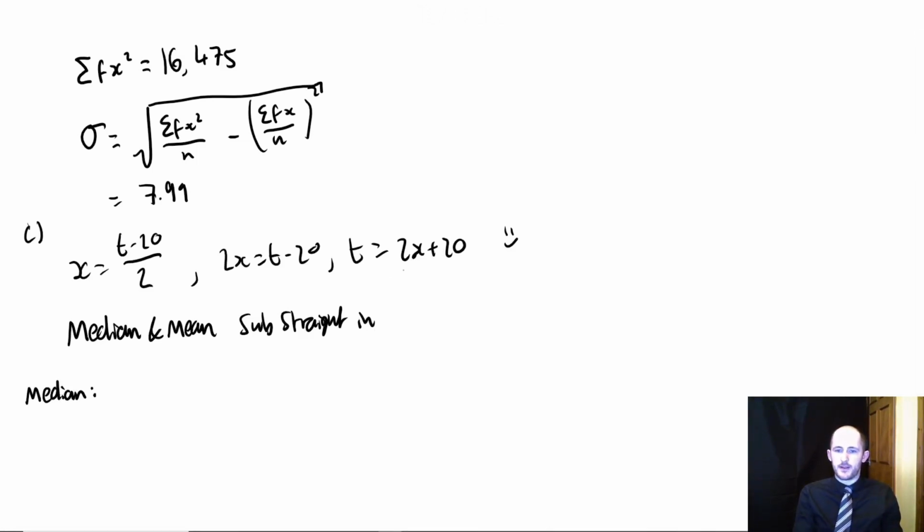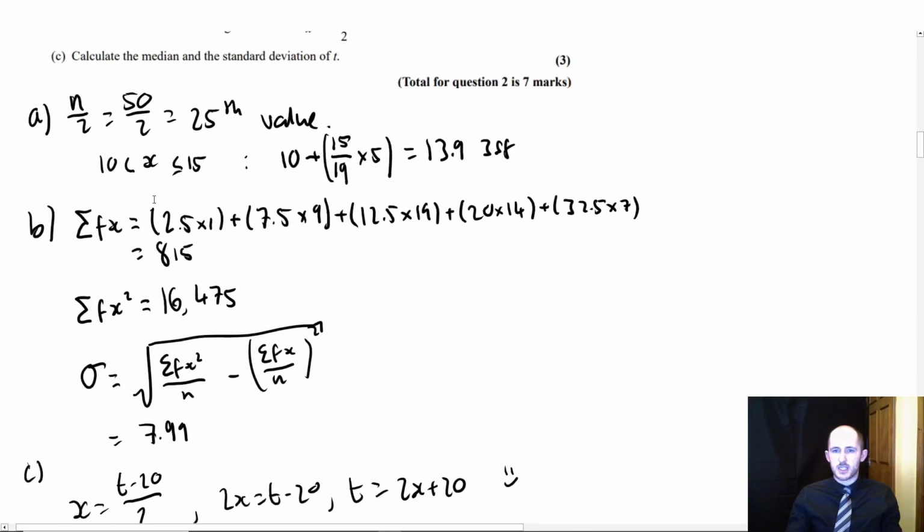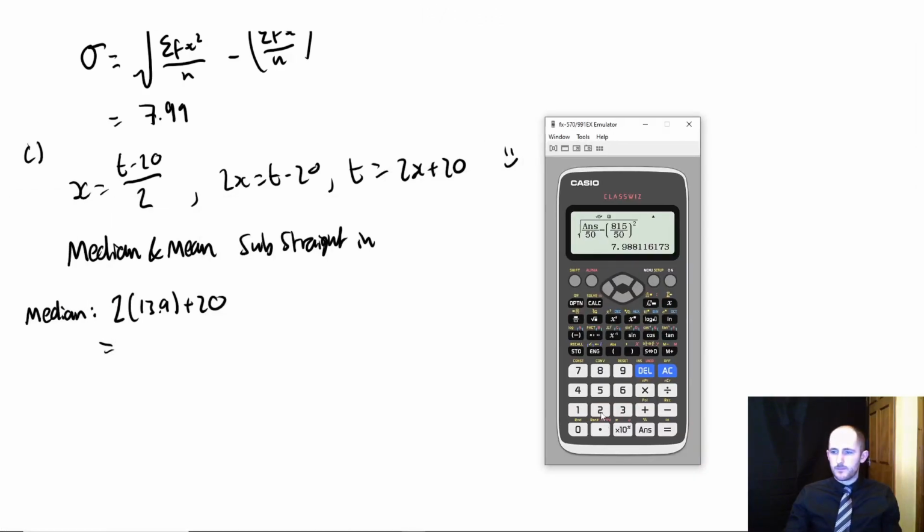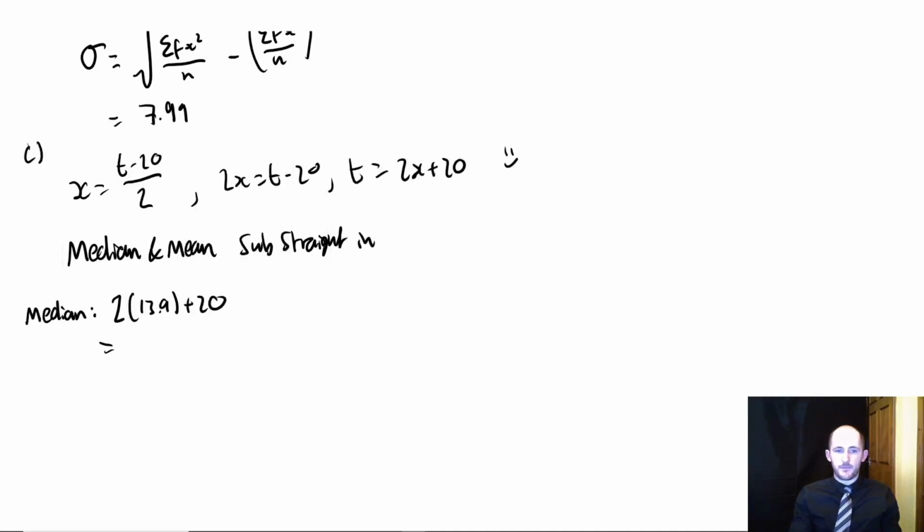Then the median for t is just going to be 2 times the median of x, 13.9, plus 20. Just like that, 47.8. Nice and easy.